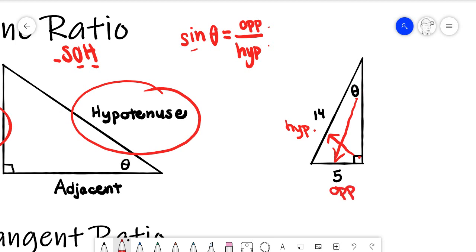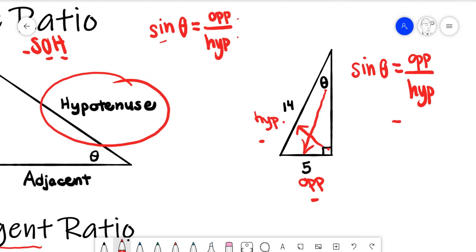And now you have your opposite side and your hypotenuse already. So let's plug those into your formula. Opposite over hypotenuse equals 5 over 14.